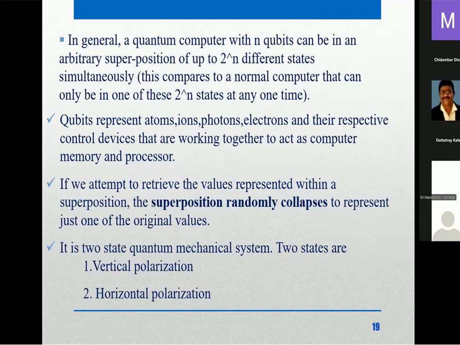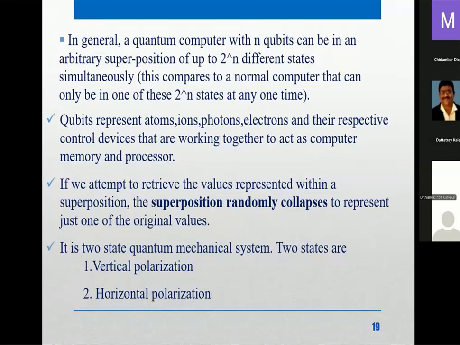In the earlier session, sir explained that in bits there is a multiplication, but here we can see it is 2 raised to n. When we say 1 byte, it can be only 2.